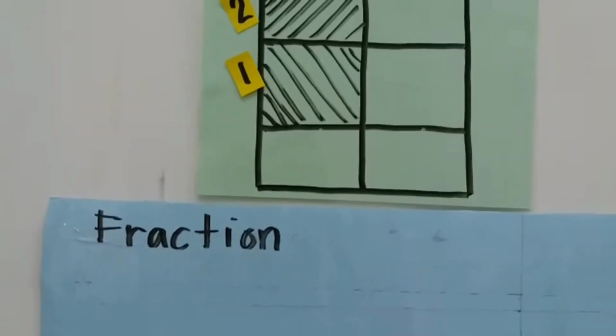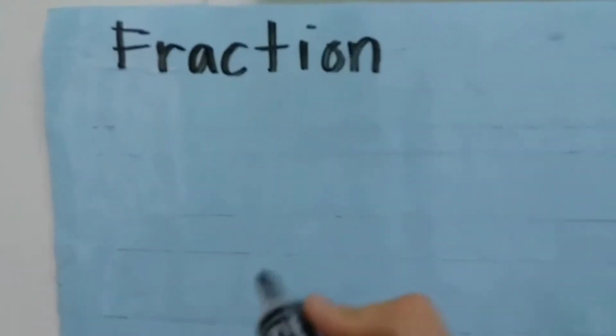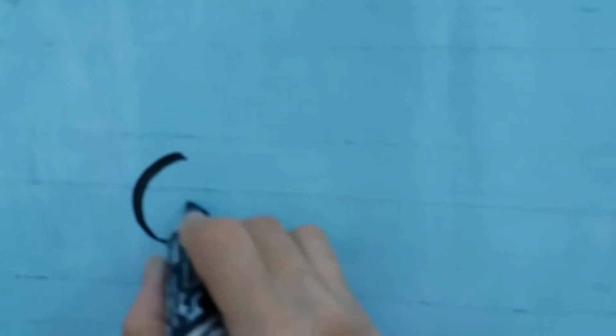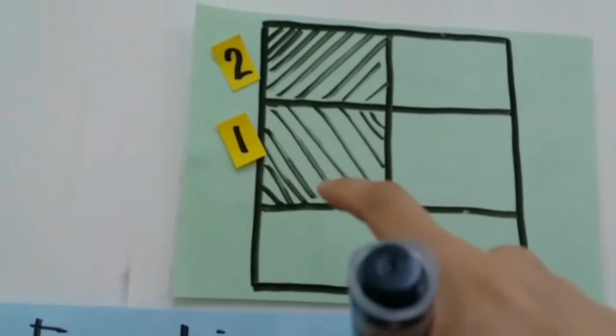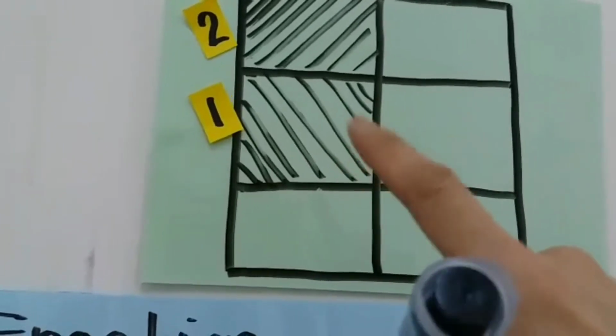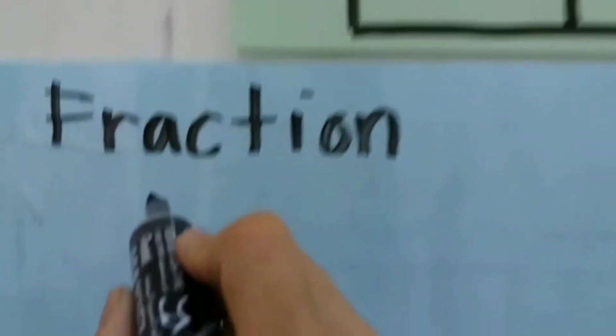Now we are going to write the fraction. Again, how many parts do we have in all? 6. So I will put the 6 down here. And then I will put the line since it is a fraction. How many shaded do you see? 2. 1, 2. So I will put the 2 here.